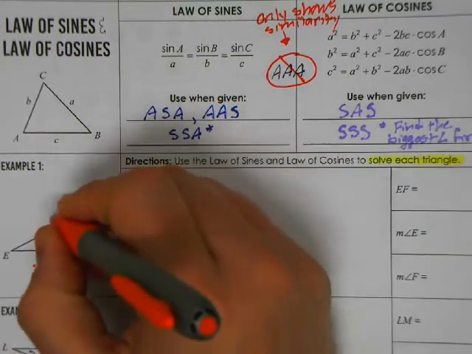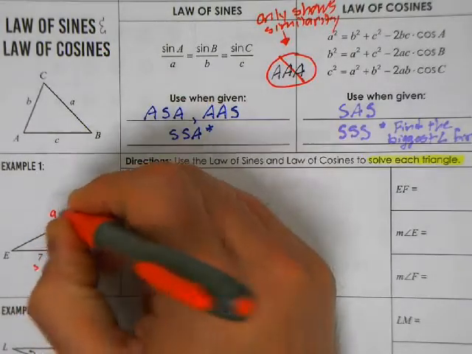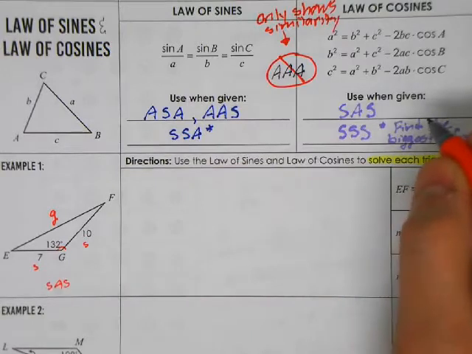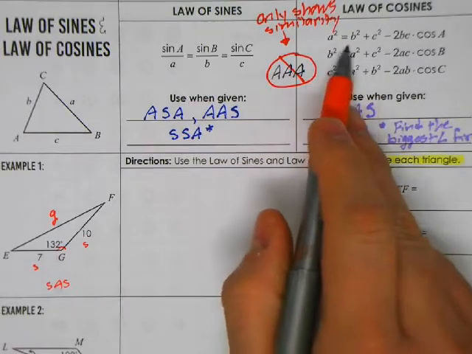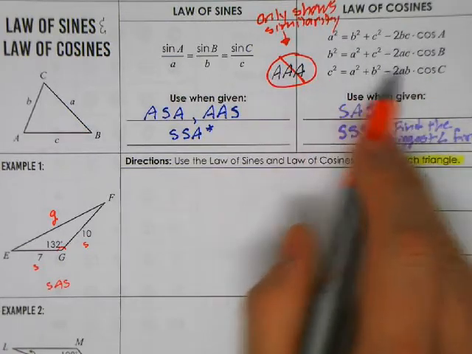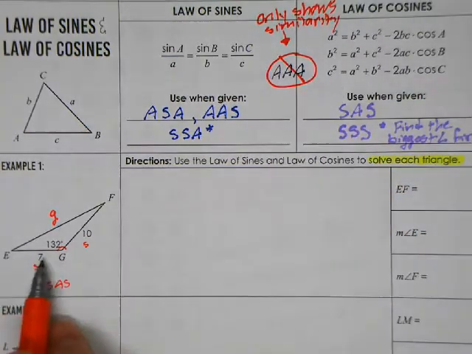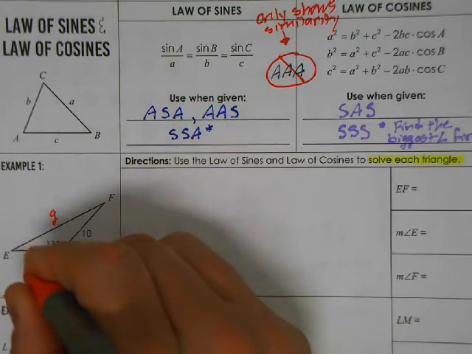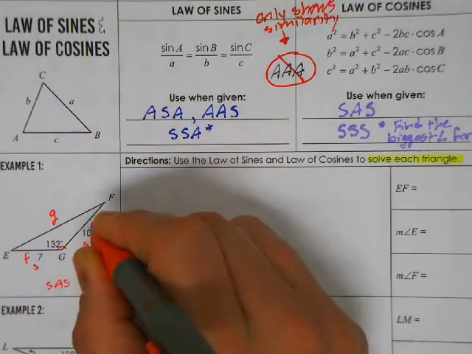So let's call this little g, since that is opposite of angle G. In this case, we can adapt the law of cosines that we have here to represent angle E, angle F, and angle G along with the sides. So here, this side would be side f, and this side would be side e.